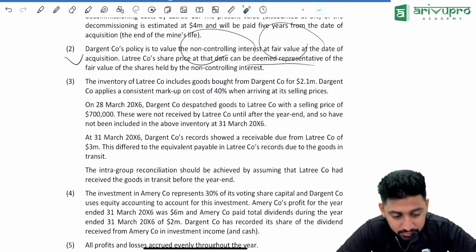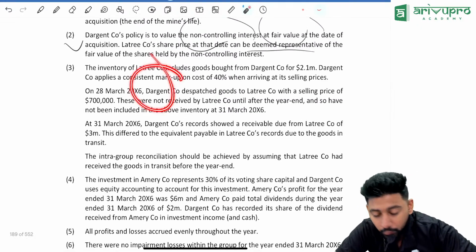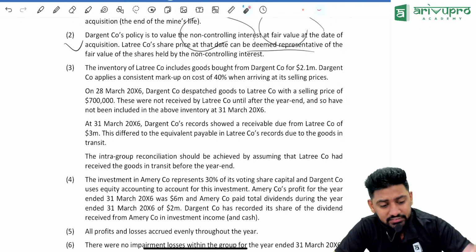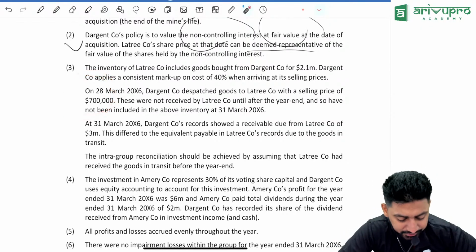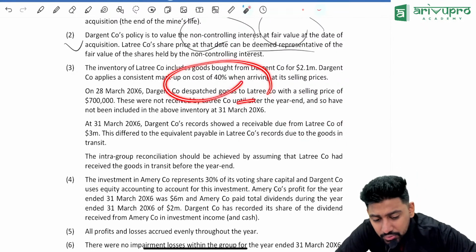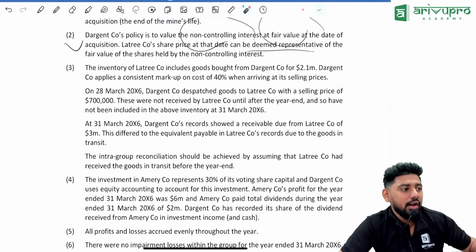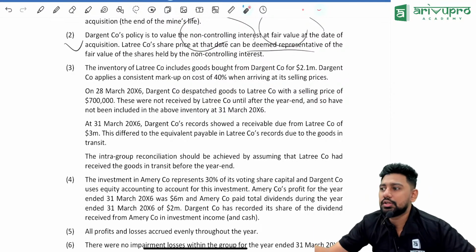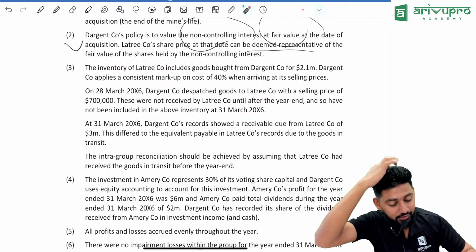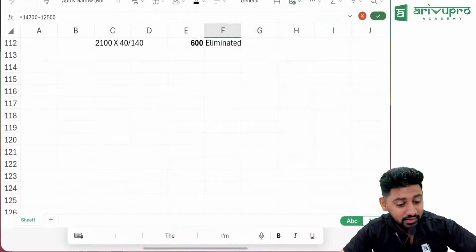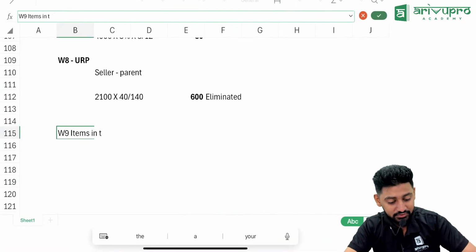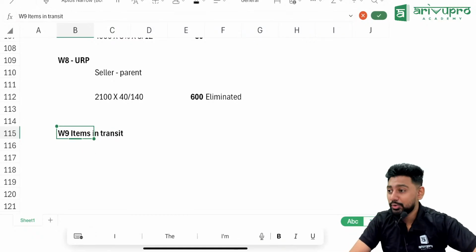On 28th March 2016, Darjan Co., once again the parent, dispatched goods to L with a selling price of 700,000. Goods dispatched to L. Goods in transit. In other words, I will not even read anything. I'll simply go down. I'll say working number 9, items in transit. And I'll give you a formula.